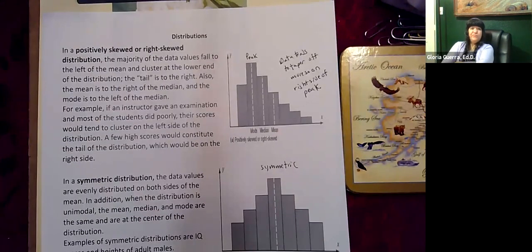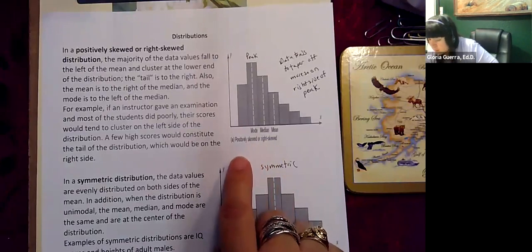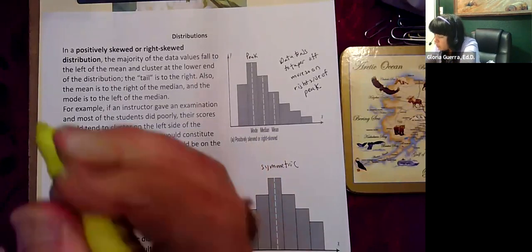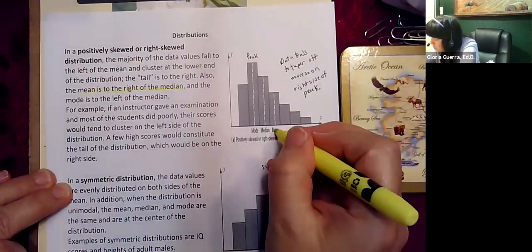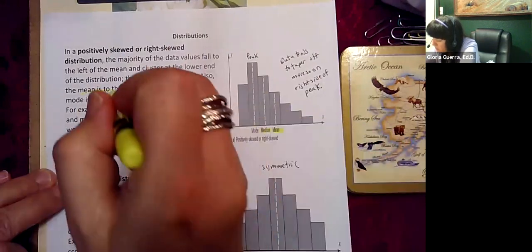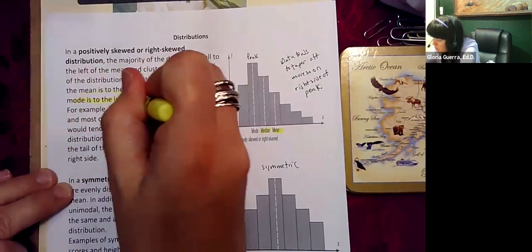It says that in a positively skewed or right skewed distribution, the majority of the data values fall to the left of the mean and cluster at the lower end of the distribution. The tail is to the right also. The mean is to the right of the median, and the mode is to the left of the median.